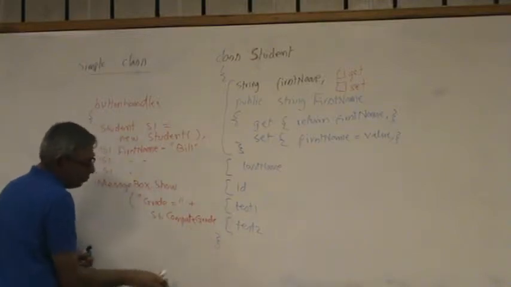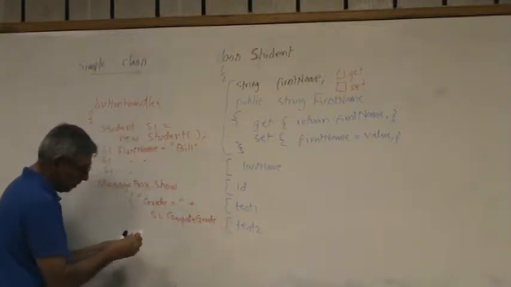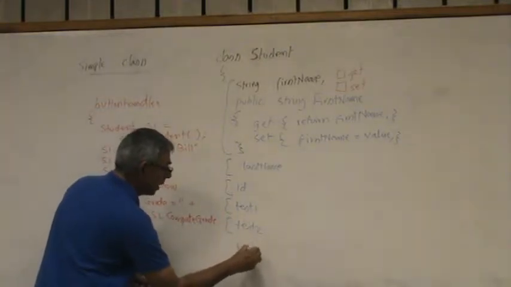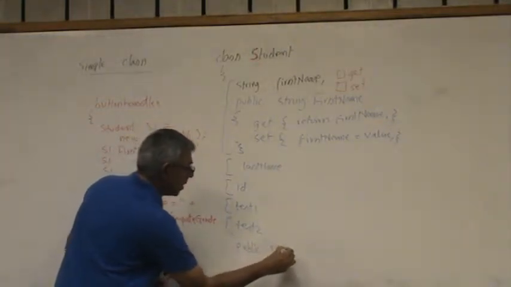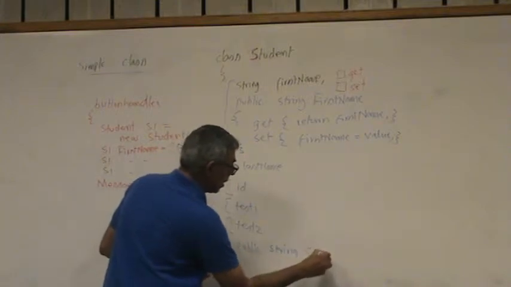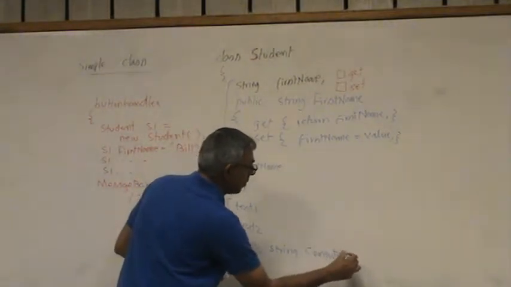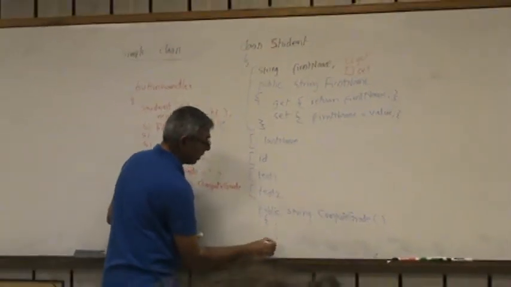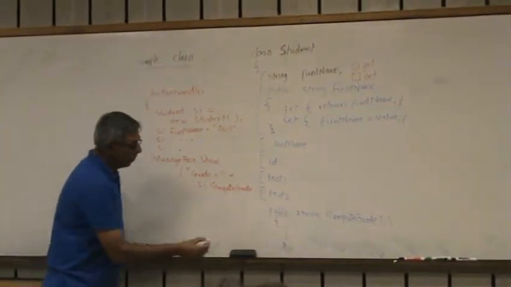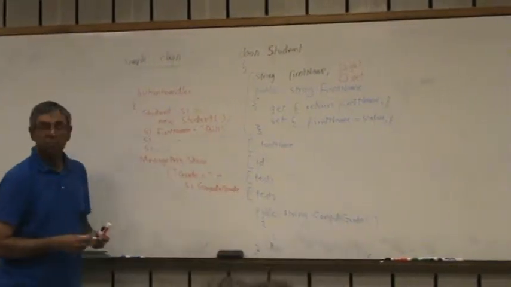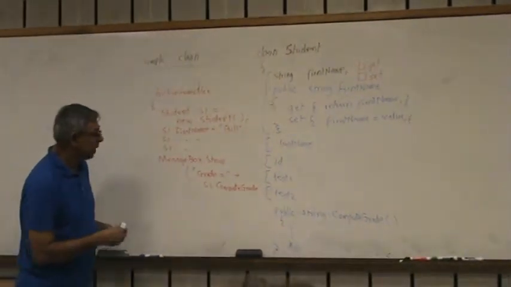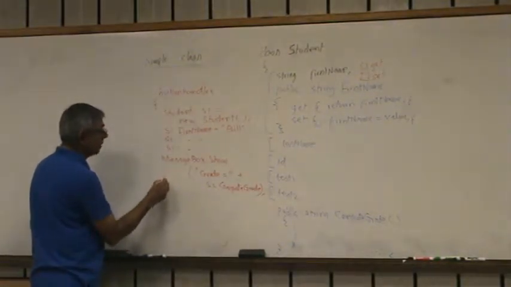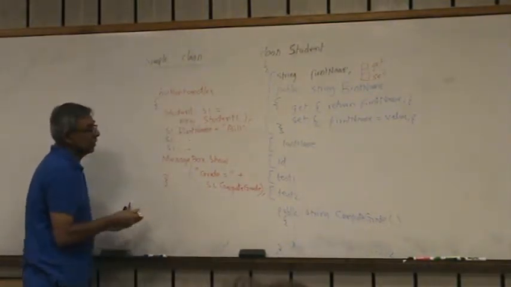So let me add one more function over here that we wrote: public string ComputeGrade. It does some computations and returns, for example, A minus, B plus, or whatever the case may be. So our test code was something like this. The red part was our test code.